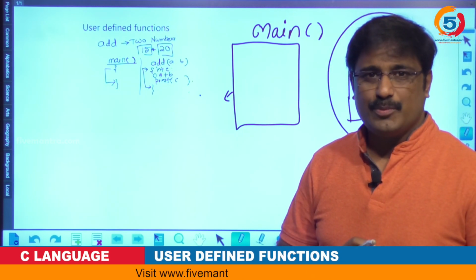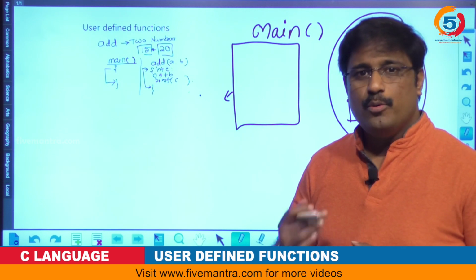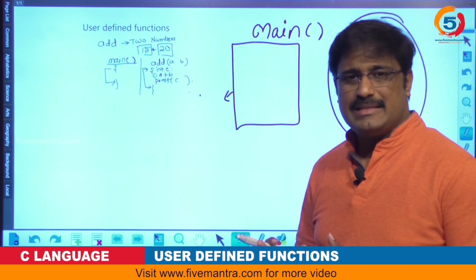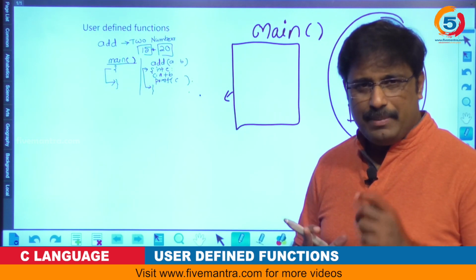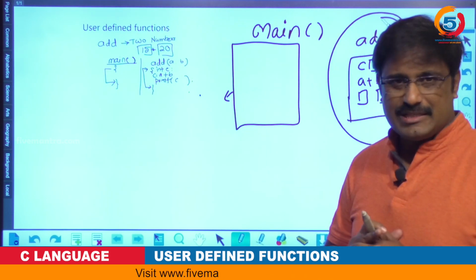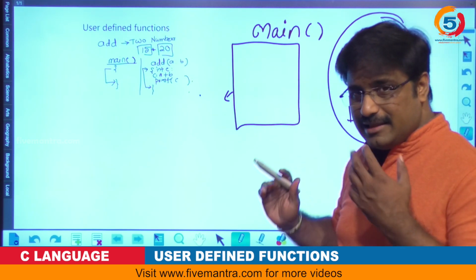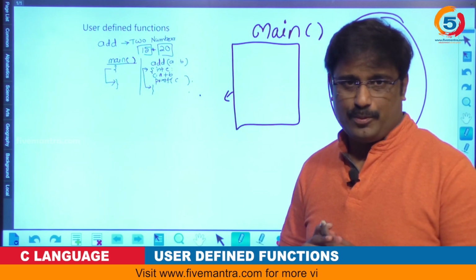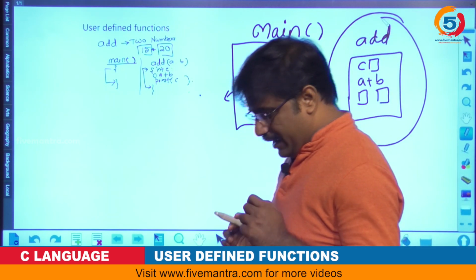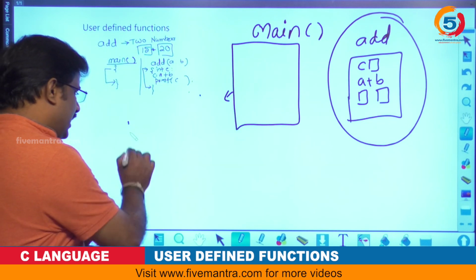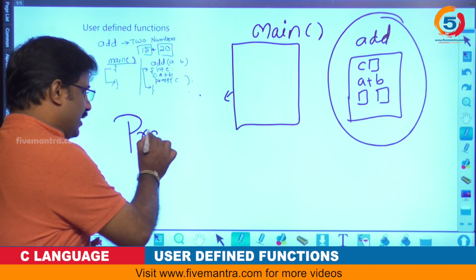How to allocate this memory, and who will allocate it? It will be allocated by your CPU with the help of the compiler. The compiler will give the information how much memory is required. Since it is a user-defined function, you have to provide this function's information, and for that we have to provide one important thing, that is nothing but a prototype declaration.